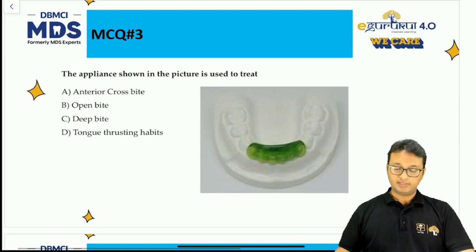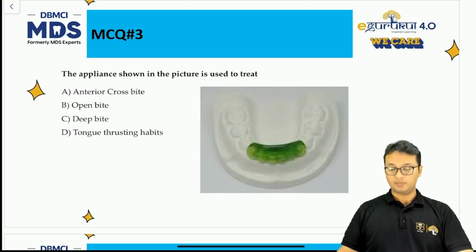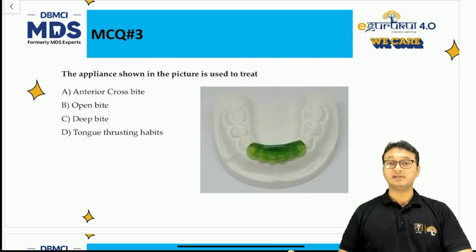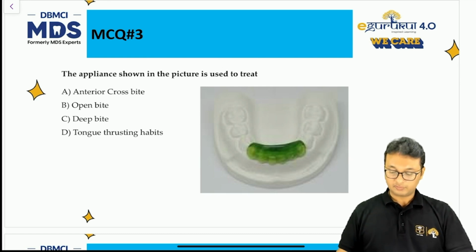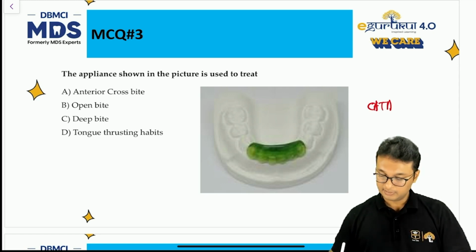Next question is, the appliance shown in the figure is used to treat. So options are anterior cross bite, open bite, deep bite, or tongue thrusting habit. So first of all, we have to understand what appliance this is. Without a doubt, this appliance is Catlan's appliance.